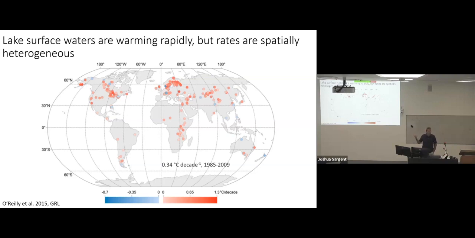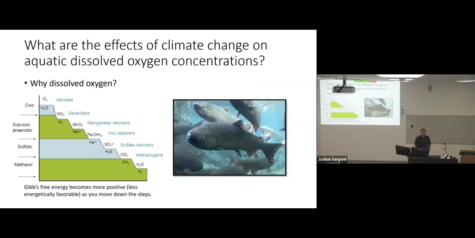That number I'll come back to, but that's roughly what we continue to see, 0.3 to 0.4 degrees per decade. Lakes generally are warming. Some are cooling, and I could get into why in another lecture. But we know that lakes are definitely being exposed to climate change and are warming as a response.